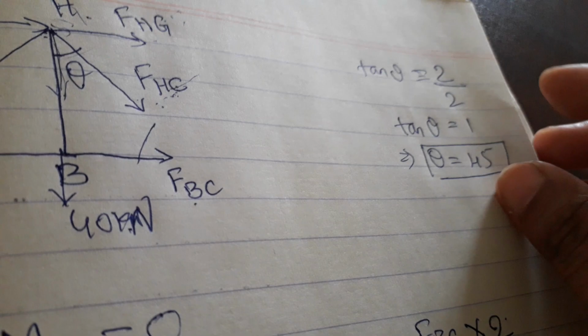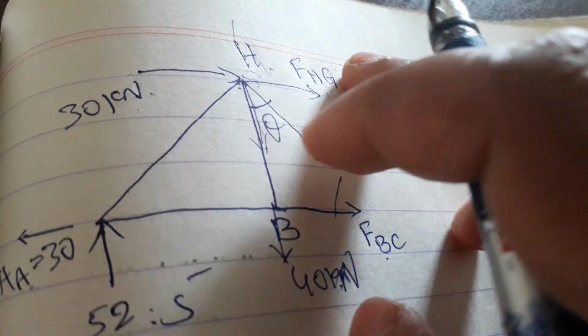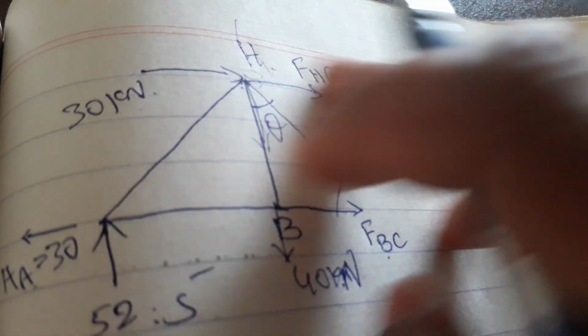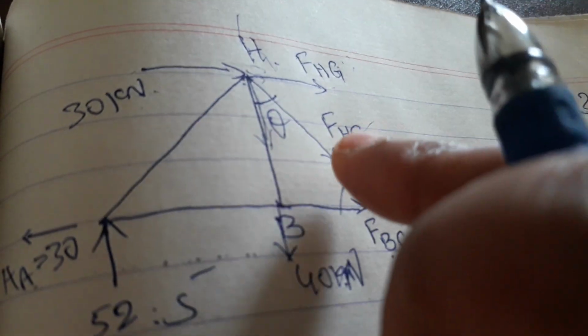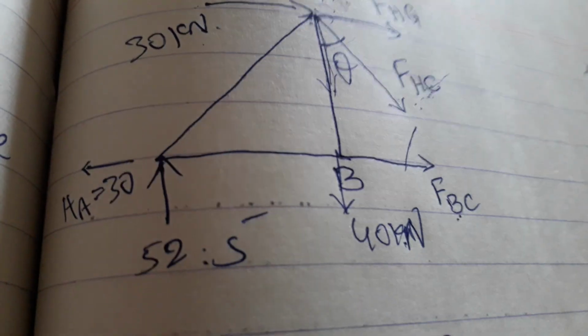So now we have to take the components, one vertical, one horizontal. We are writing sigma Fy, so no need of horizontal, only vertical. Fourth quadrant downward, so here you will have minus, and the force is FHC.